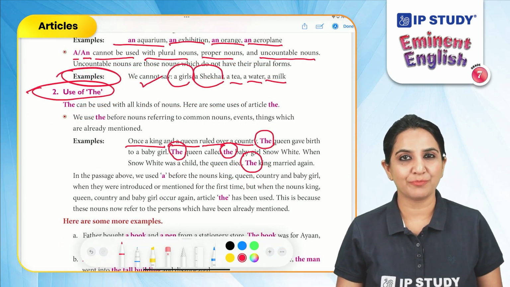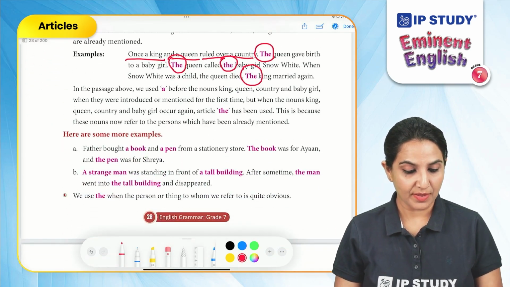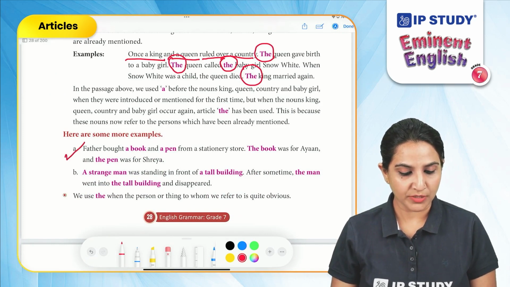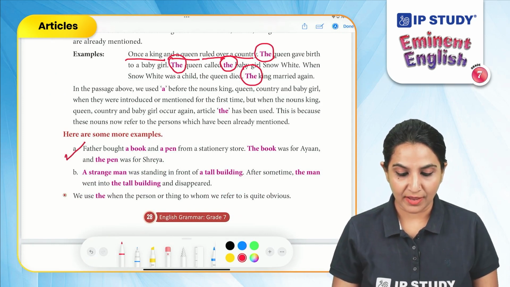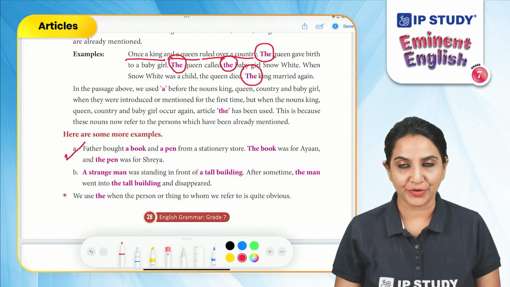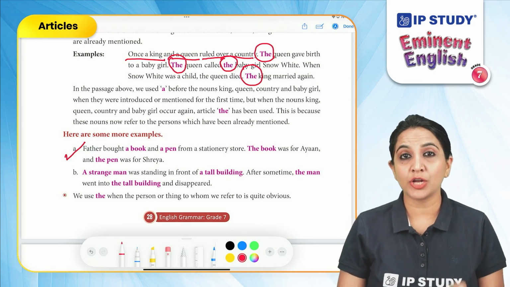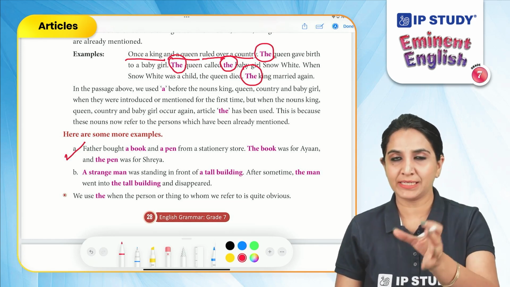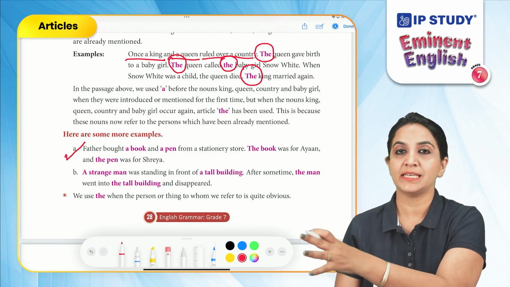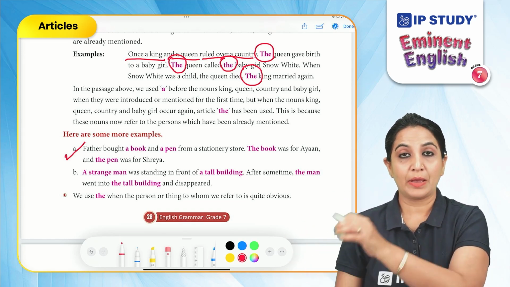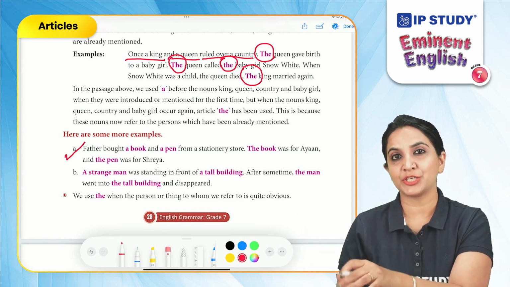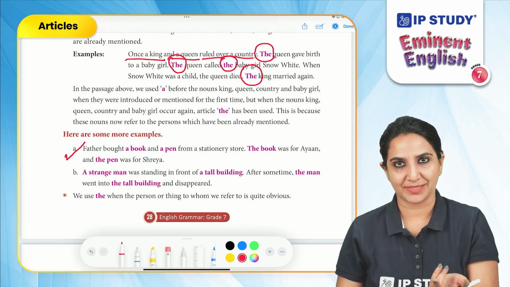Now let's look at some more examples. Father bought a book and a pen from a stationery store. Here in the first sentence, we are not talking about a definite book and a definite pen or a definite stationery shop. But once the first sentence is finished, the book becomes definite to us.